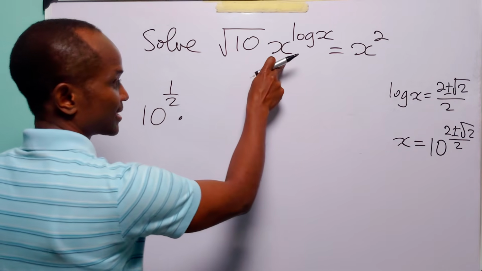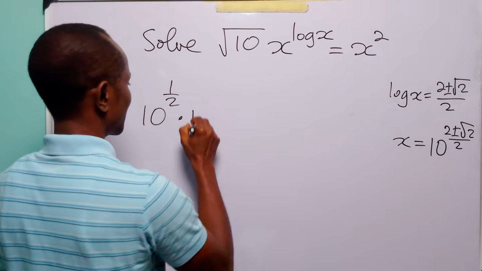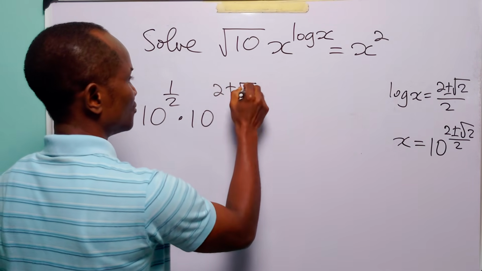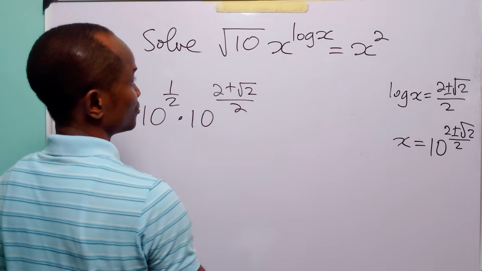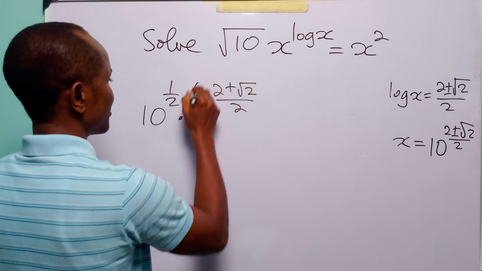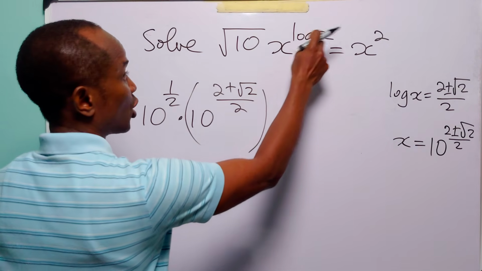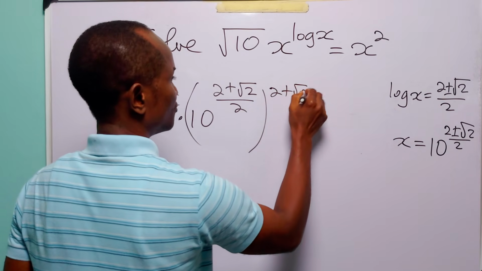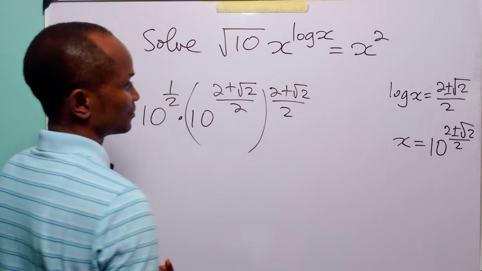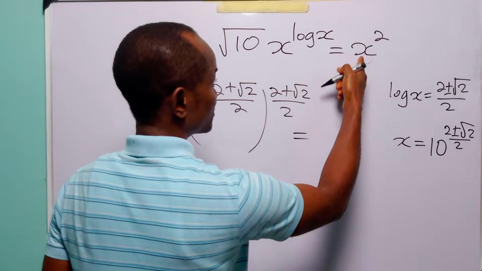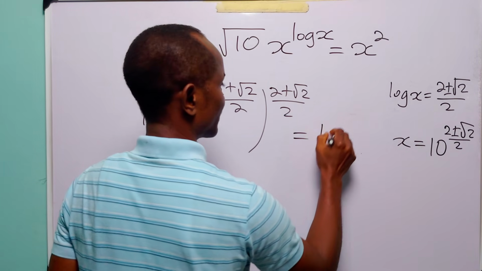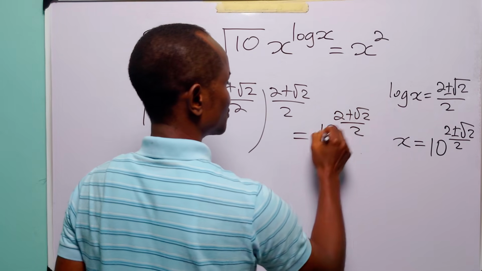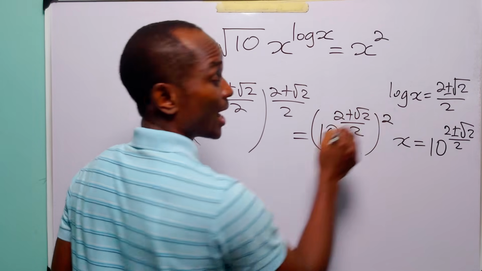Multiplied by x, which is 10 to the power 2 plus root 2 over 2, and this is to the power log x, which is 2 plus root 2 over 2. And this is equal to x, 10 to the power 2 plus root 2 over 2, raised to power 2.